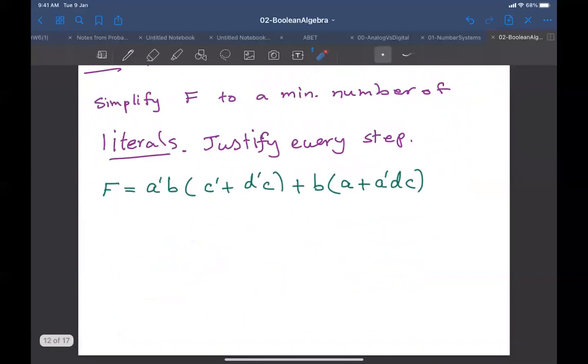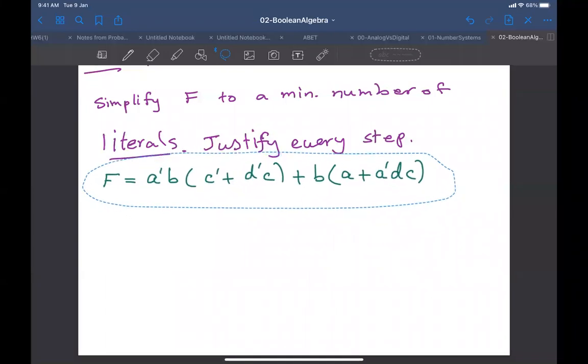So this is the original expression, and by using the distributive law, we can take B as a common factor between these two expressions.